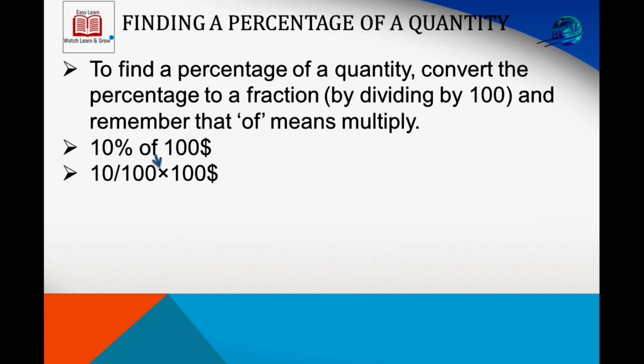Very simple. If I want to calculate 10% of $100, the first step is to convert this percentage into a fraction: divide this 10 by 100, and now the percentage is over. And "of" is replaced by the multiplication sign, and this is 100.